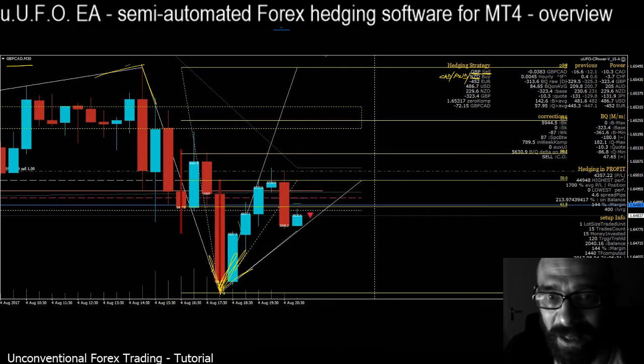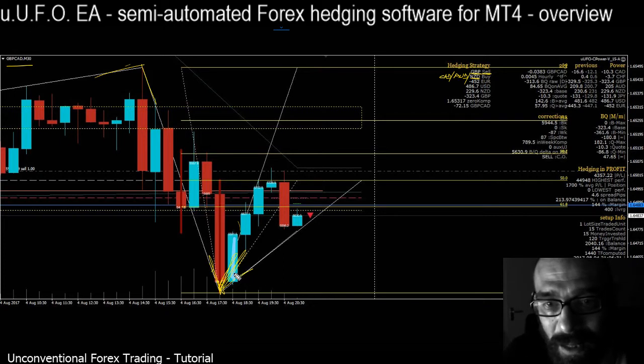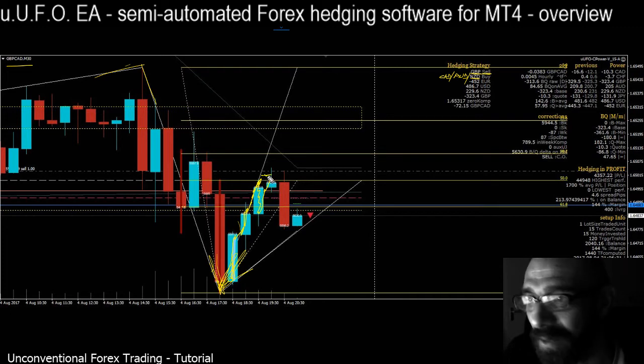In fact, let's see in detail that, for example, in this case, price has been rejected from this level, which it arrived at, and then started to follow the path of this line, but then detached from it.